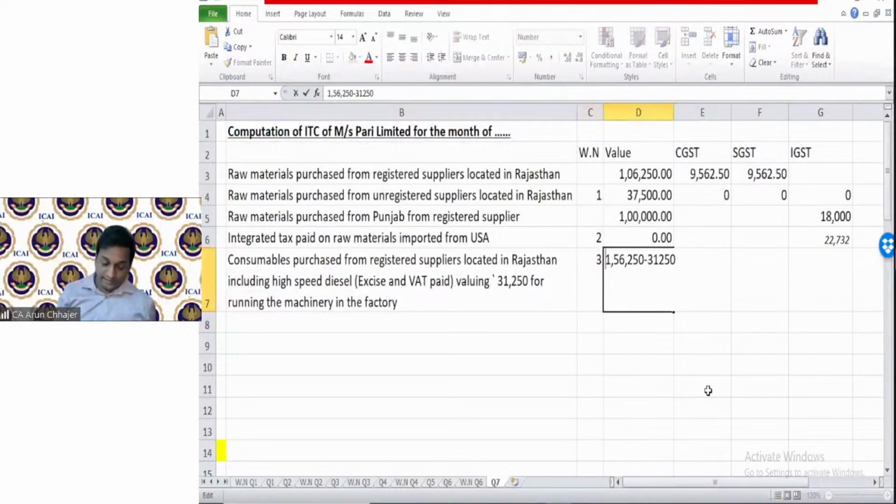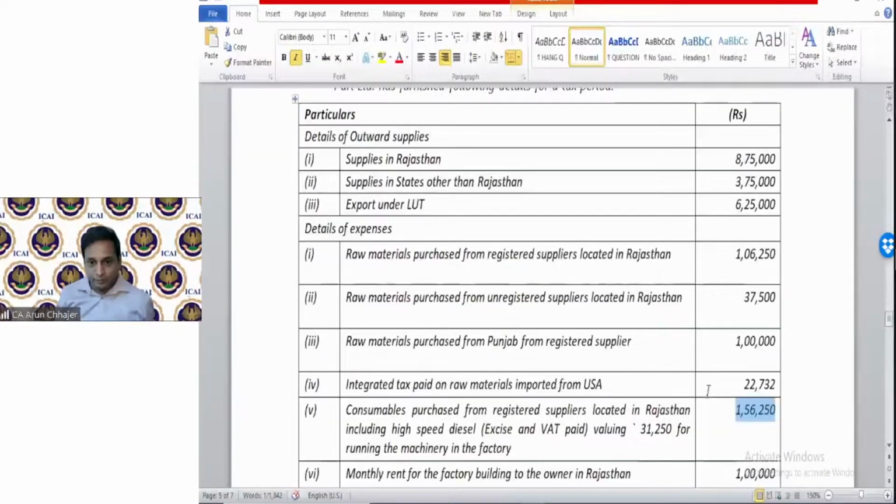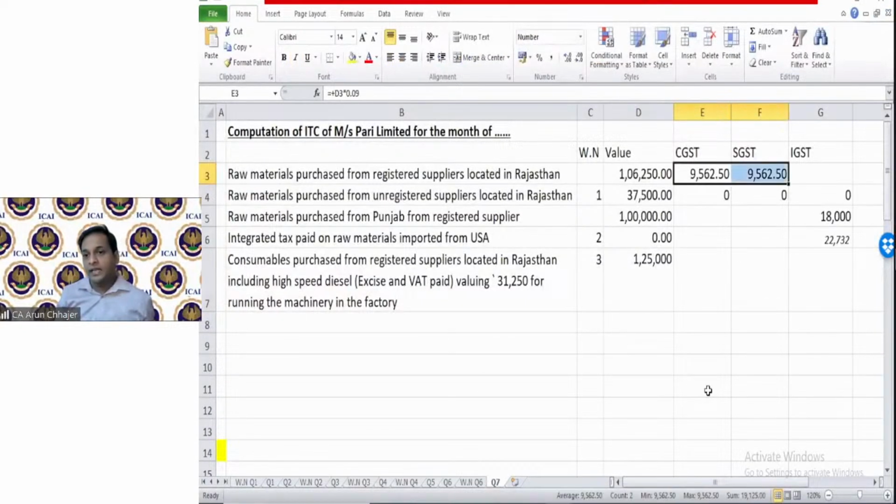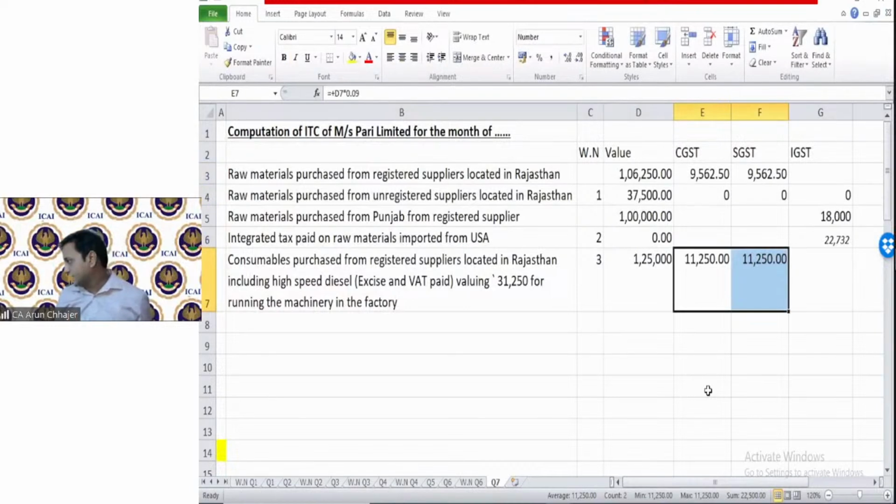So the total value of consumables other than HSD would be this, and they have purchased from Rajasthan, so it would be 9% CGST, 9% SGST.